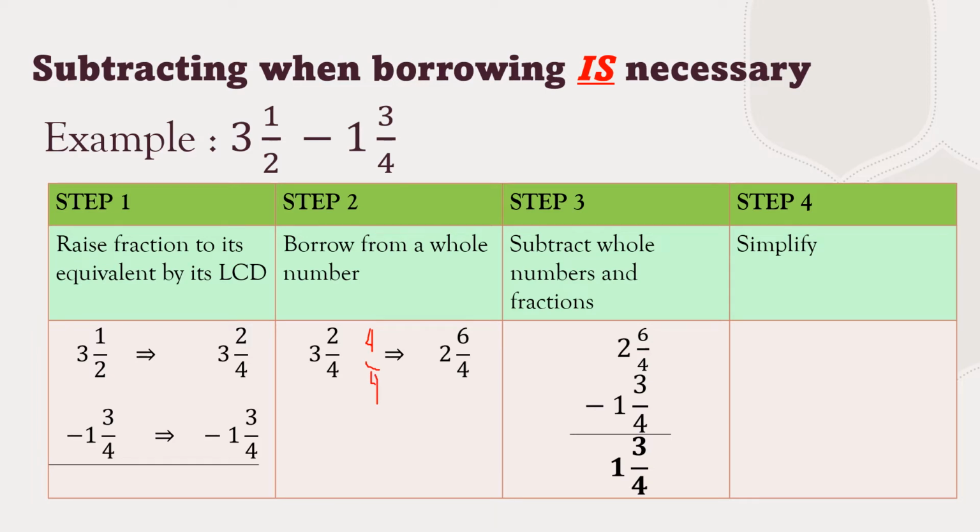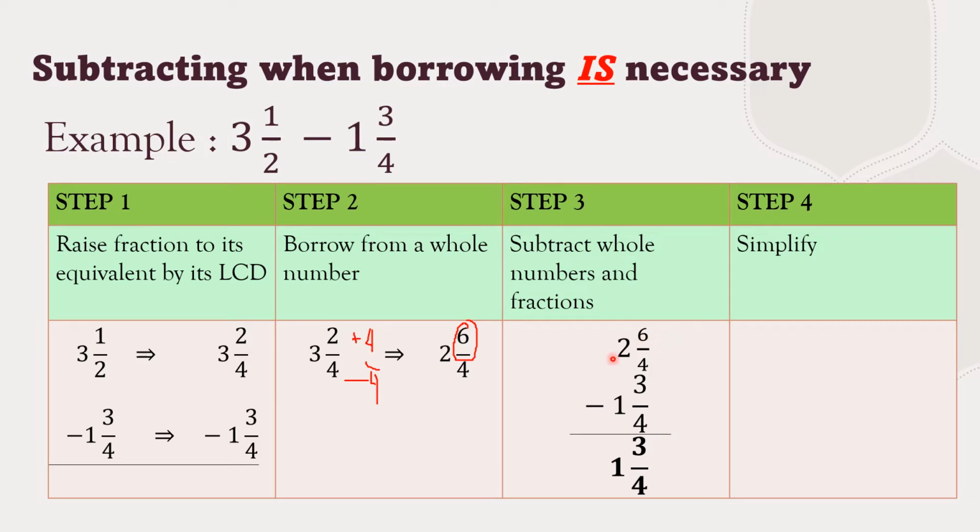So in adding this, 2 plus 4 will become 6, and then 4. Since this is in similar fractions, we will just copy this, so we have a denominator of 4. Now, since we can borrow, we can proceed to subtraction.